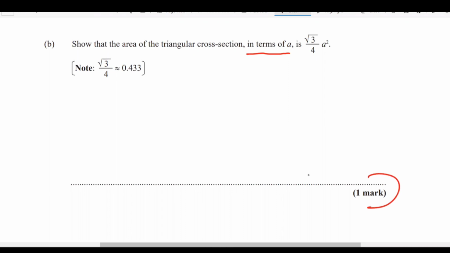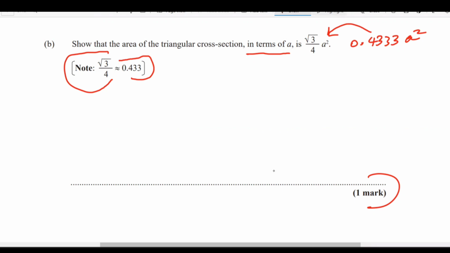And they're telling you that the root of 3/4, depending on how you calculated it, if you get 0.433, it's fine. In other words, you could have got 0.4333 a square, and it still means the same thing. So depending on how you work, you look out for that.